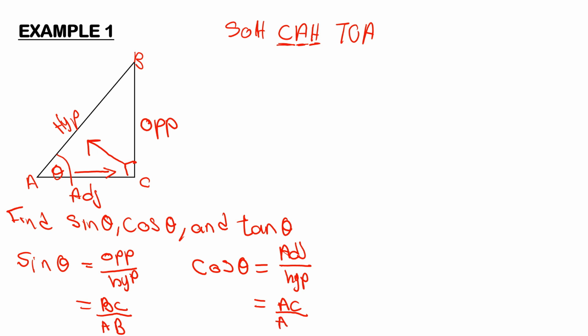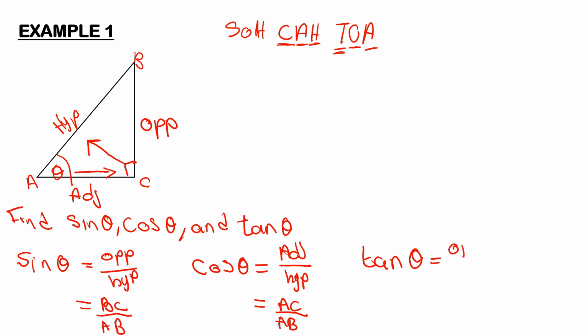So we're going to write from A to B. And just like that, we have found our answer. Now the last one, our tan theta, we go back to our SOHCAHTOA. Tan is equal to opposite over adjacent.